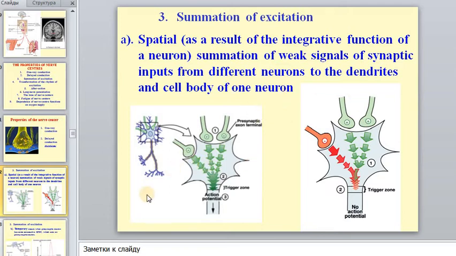And you see here the very weak signals can either summate or not, and then this neuron doesn't generate the action potential in the trigger zone, and doesn't let the stimuli move along the fibers.